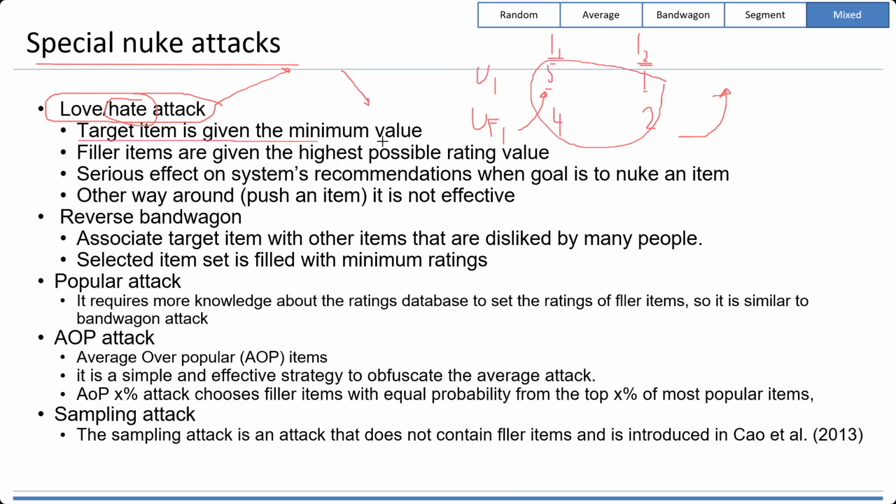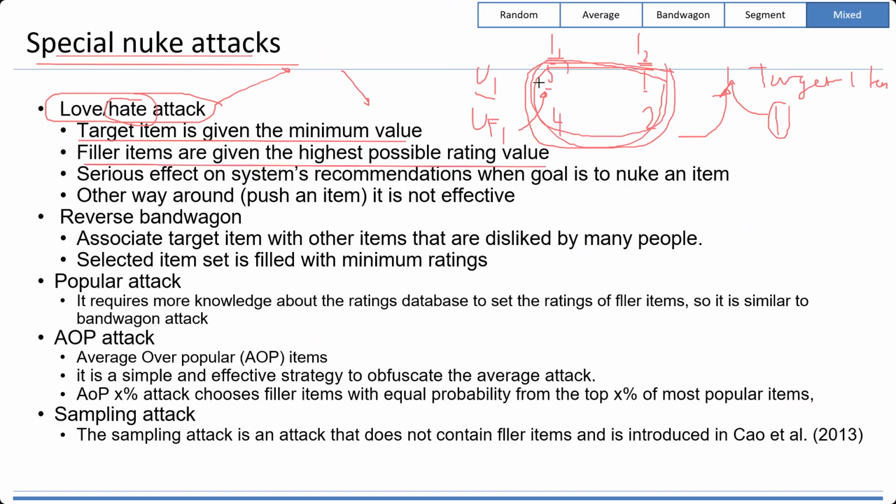The target item is given the minimum value. By looking at this similarity, we have the target item. We want to make the target item with the minimum value, 1. So if we can put in the similar profiles, then the target item for user 1 most probably will be 1. And yeah, this is what we call the special nuke attack. Filler items are given the highest possible rating values.